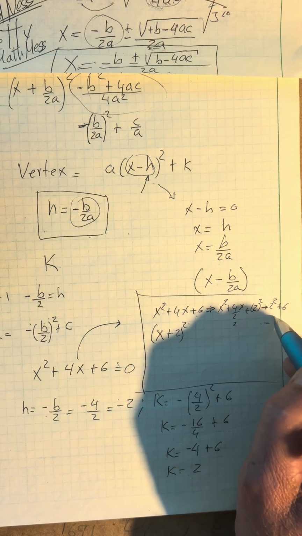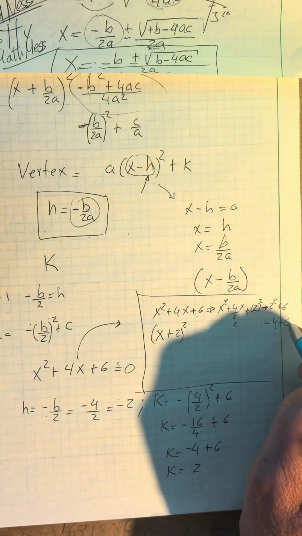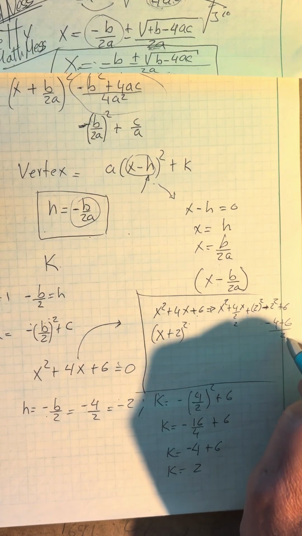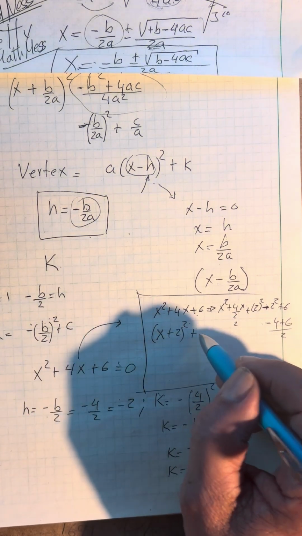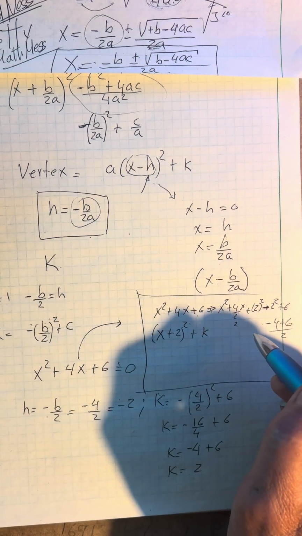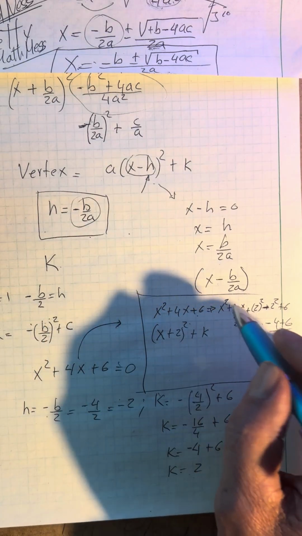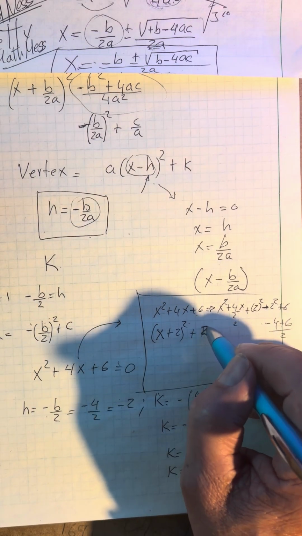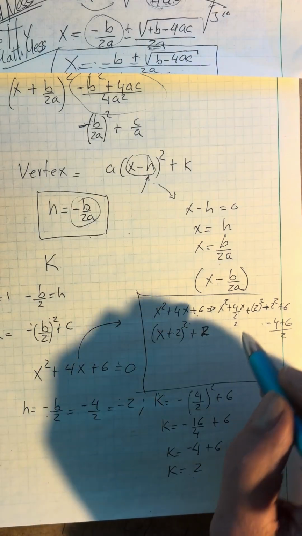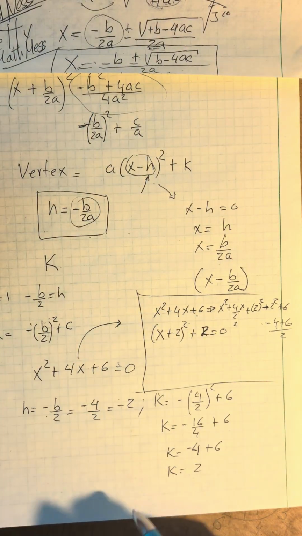So it's minus 4 plus 6, which is equal to 2. So k will be equal to 2, and that's equal to 0.